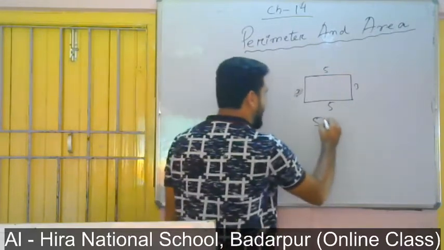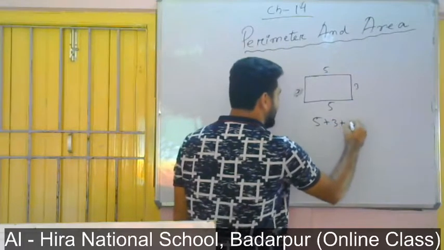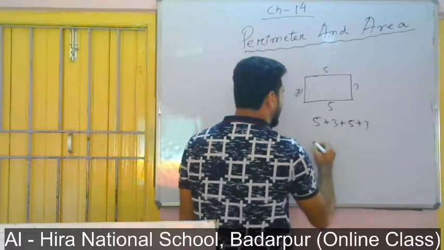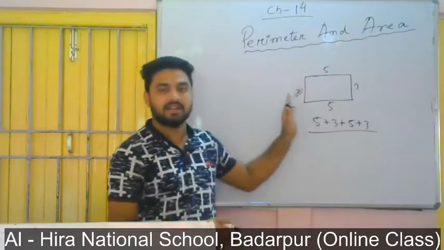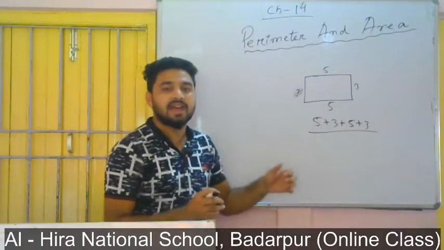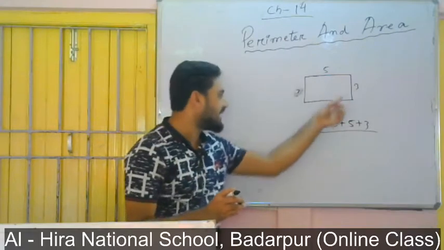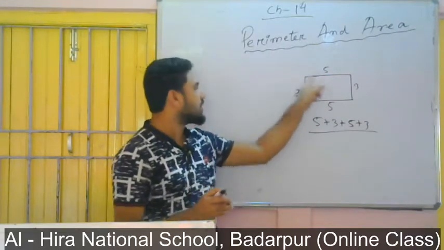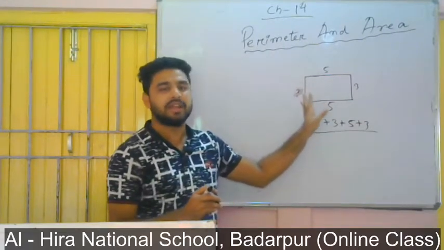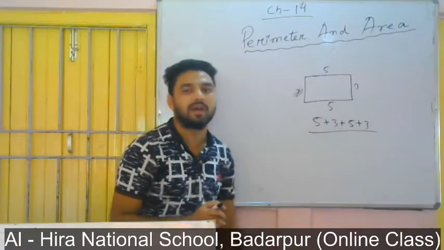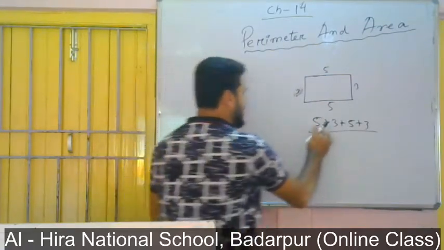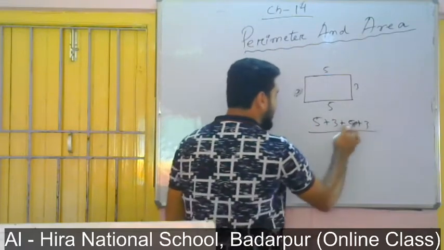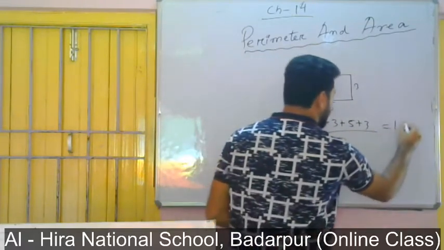That means 5 plus 3 plus 5 plus 3. Okay, if I add, then I will get the perimeter. That is, it is the total boundary length of any closed surface. Boundary length of any closed surface, that is called perimeter. Okay. So here 5 plus 5 is 10, 3 plus 3 is 6, it will be 16.